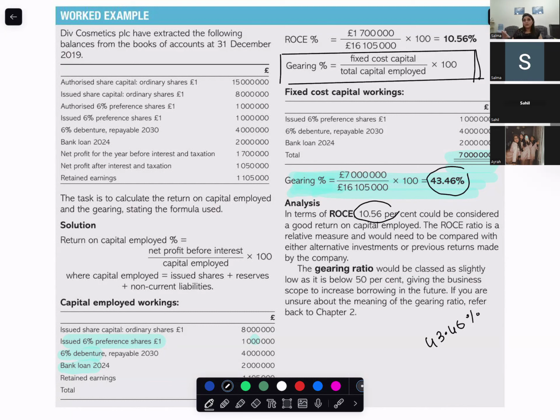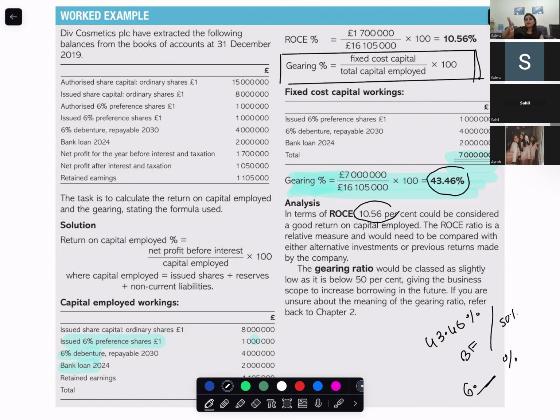That means in your total capital employed, your gearing is 43.46%, so your borrowed fund, your fixed cost capital, is less than 50%. That means you still have a scope of approximately 6 point something percent to increase the fixed cost capital in the future.